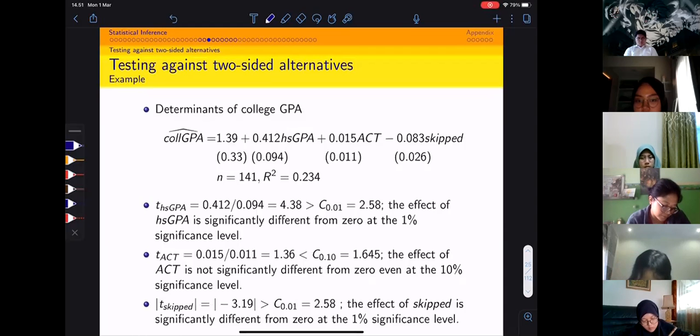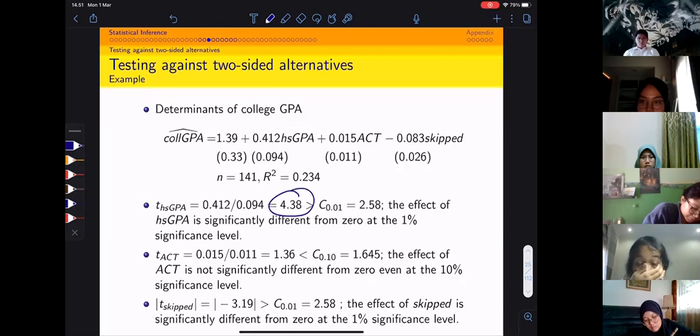So let's go, I guess, briskly one by one. We'll start with the high school GPA. For the high school GPA, we get that the t statistic is 4.38, which is higher than the critical value at 1%.